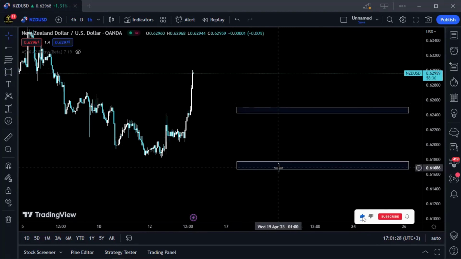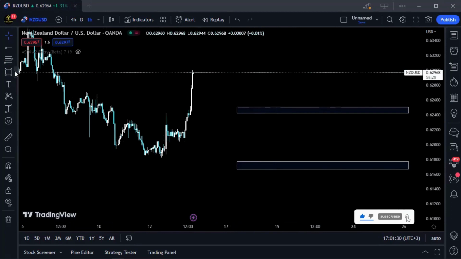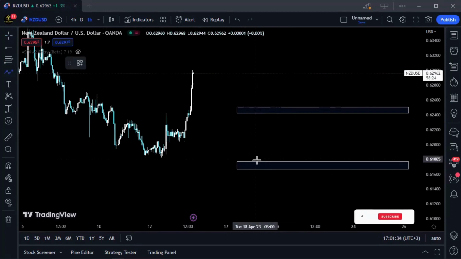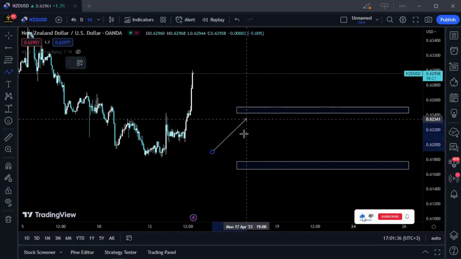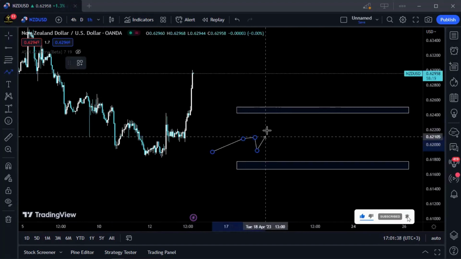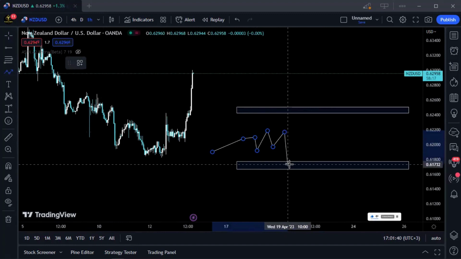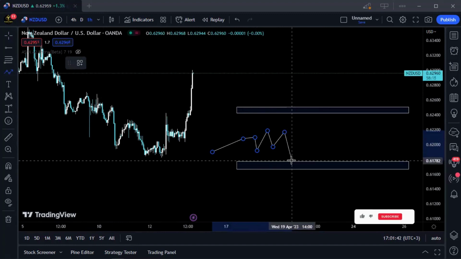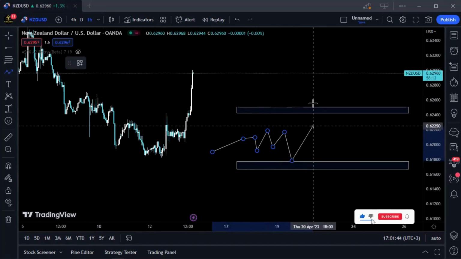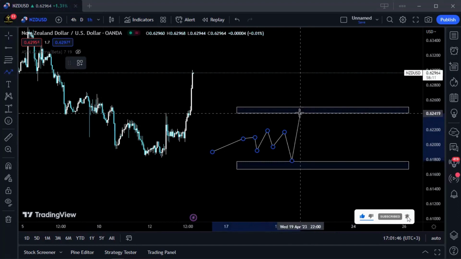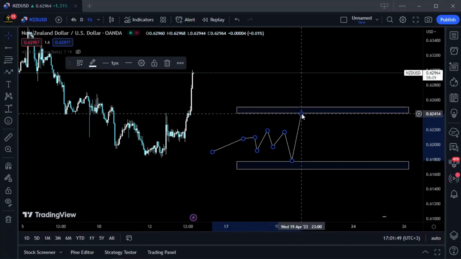On support market structures, it's when prices are above the market structure. For instance, when prices are above here, maybe they're dancing somewhere up here. The market structure below it is called a support market structure, while the market structure above it is called a resistance market structure.